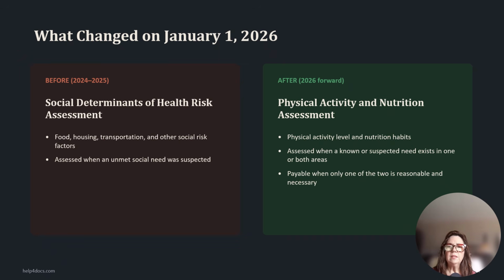If your intake forms, your EHR templates, and your staff training still point people towards the SDOH questions when they select G0136, now you have a mismatch between what you're documenting and what your code actually pays for.